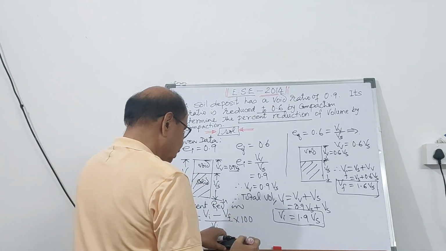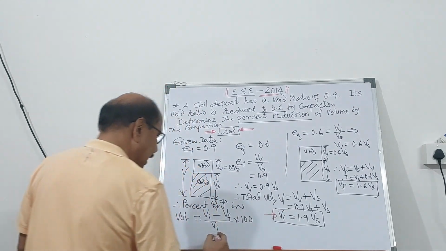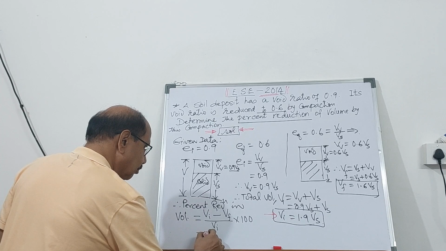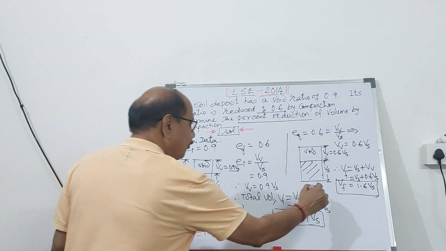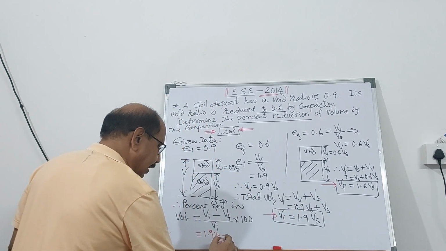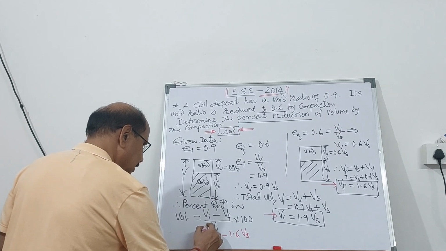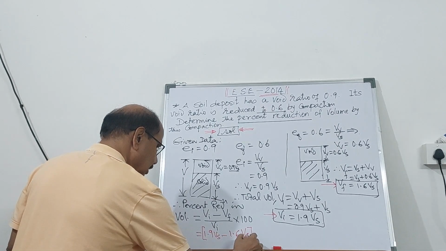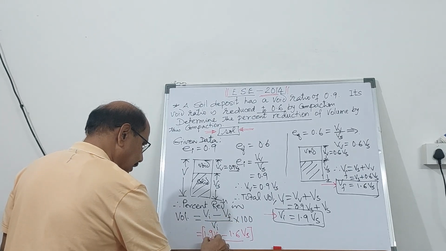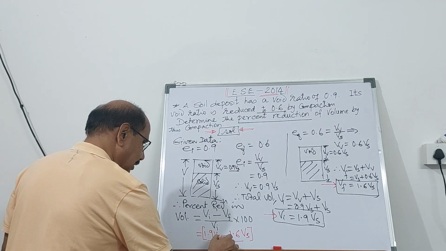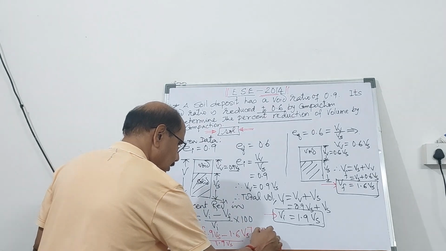Vi is already known to us. Vi is 1.9 times Vs minus Vf, which is 1.6 times the volume of soil solids, divided by Vi, which is 1.9 times Vs, into 100.